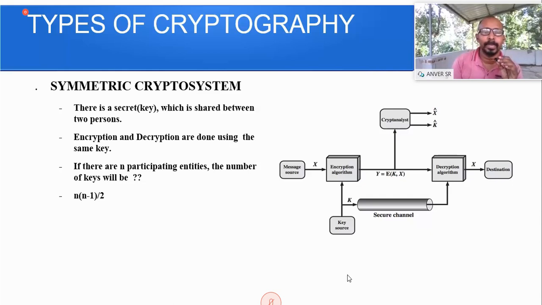There are n participating entities, and every two persons communicating with each other should have a separate key. So if the participating entities are considered as nodes, then there will be an edge between every pair of nodes or every pair of vertices. So this becomes a complete graph. The number of edges in the complete graph is n into n minus 1 by 2.